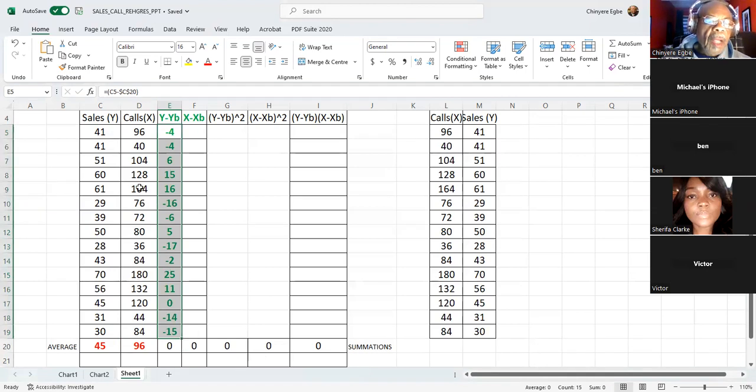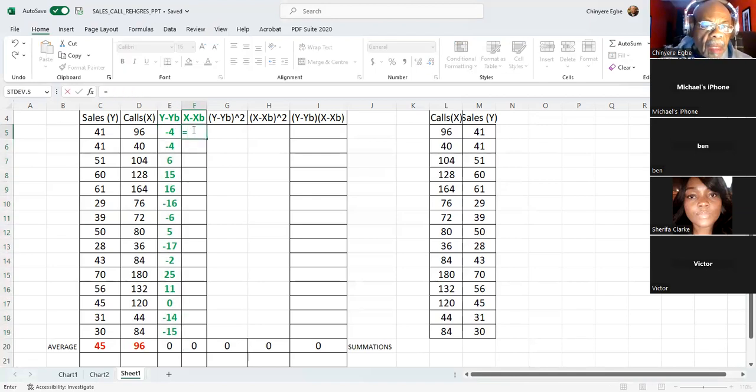All right. Now, if you take the sum of Y minus Y bar, if you take the sum of any value from the mean of a set, the sum here is going to be 0. Okay. And so here you do the same thing. It's equal to D5 minus $D$20. Okay.